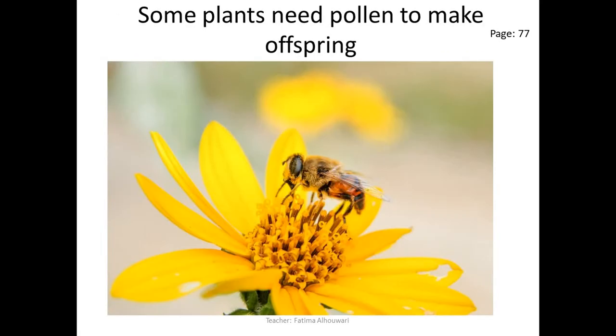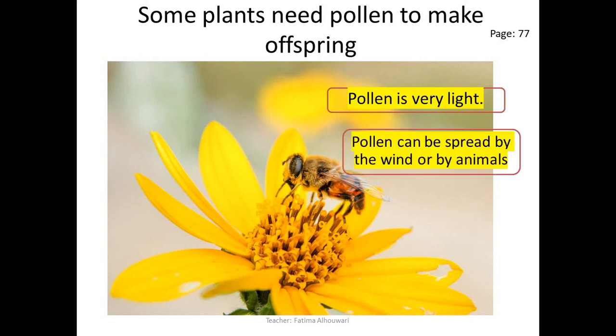And we know that some plants like this flower need pollen to make offspring, as we saw in the video. Since pollen is a powder, it's very light, grade 1. So, pollen can be spread by the wind or by animals.